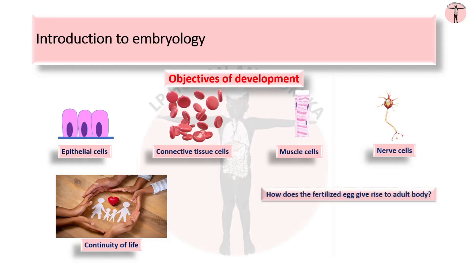How does the fertilized egg give rise to the adult body, and how does that adult body produce yet another body? These two huge questions have been subdivided into 6 general questions scrutinized by developmental biologists.